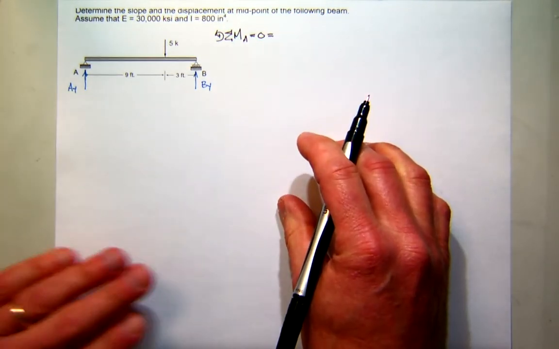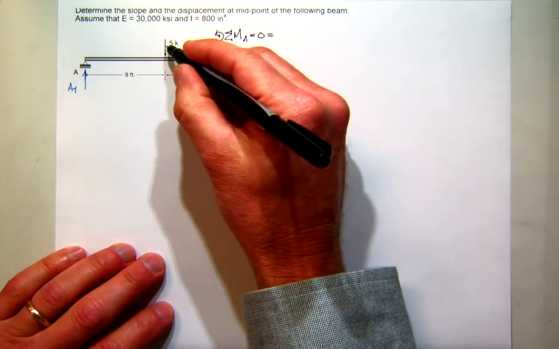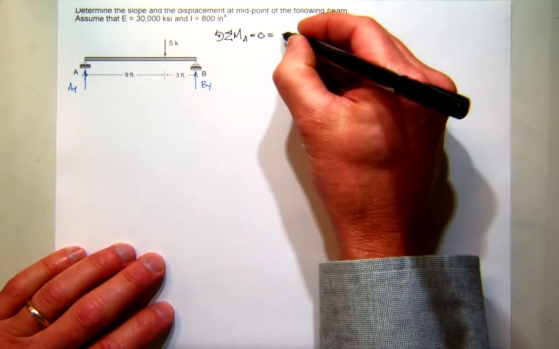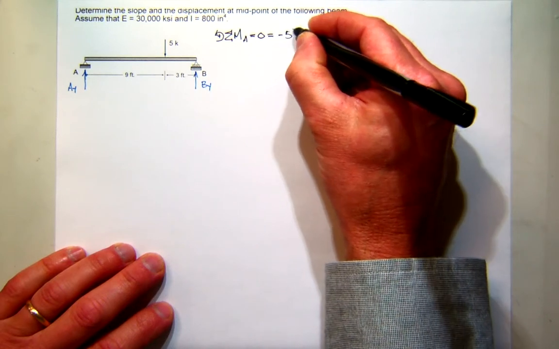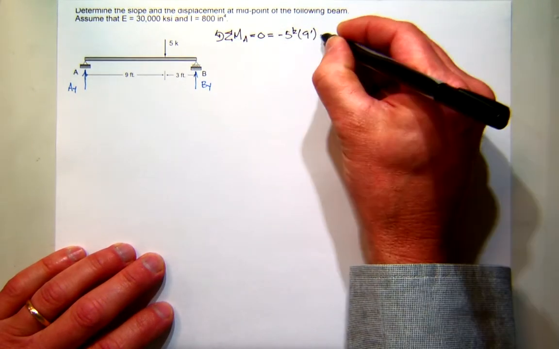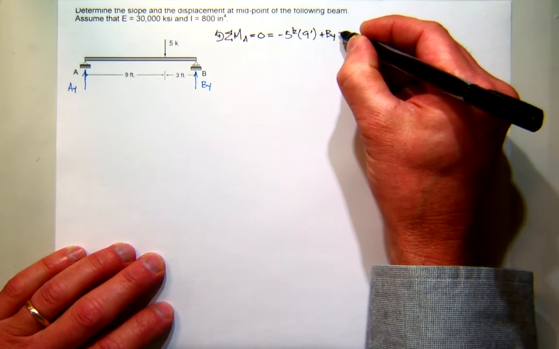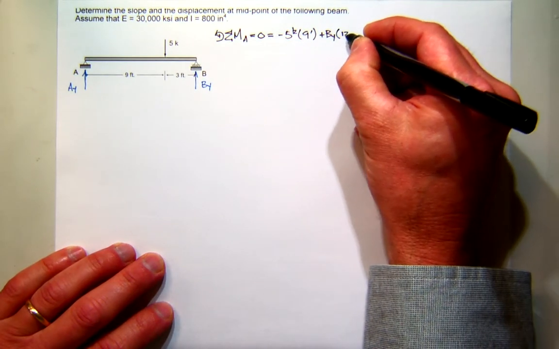So summing moments about A, my applied force will create a negative moment. That'll be 5 kips times the moment arm of 9 feet. And then BY will create positive moment about A, and that'll have a moment arm of 12 feet.